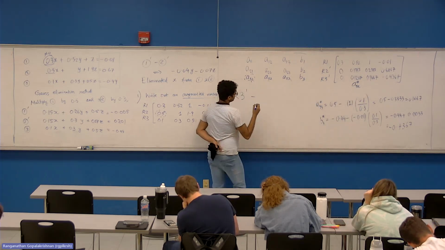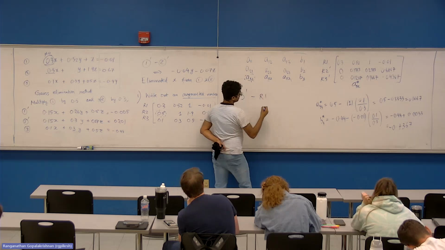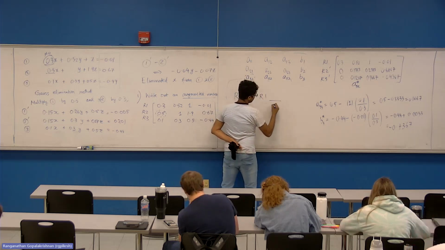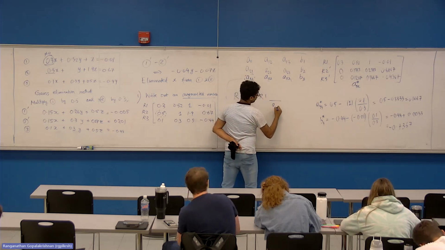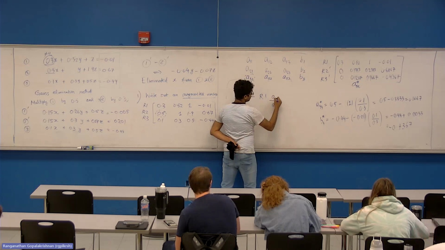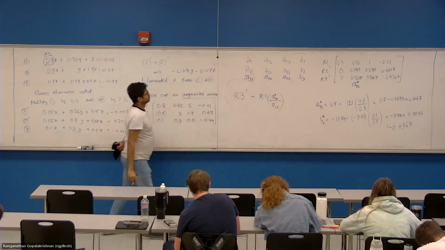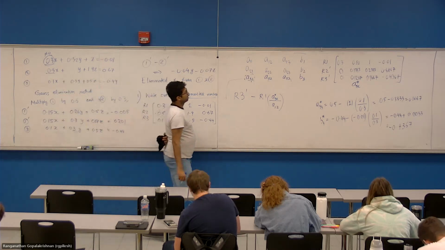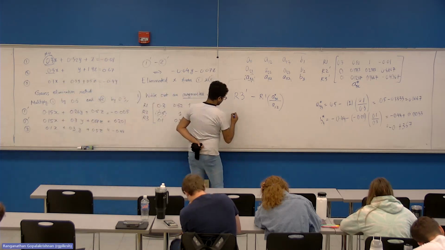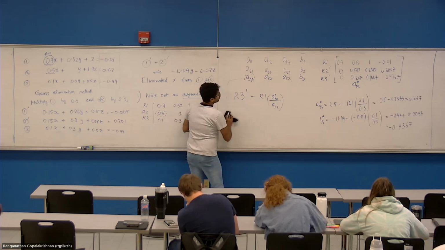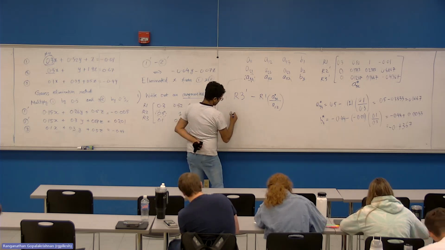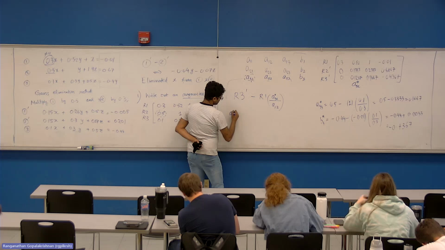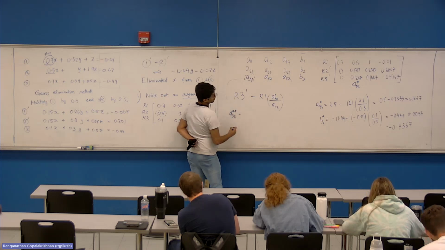So you need to take R2 and divide by A22 and multiply it by A32 star. If I want to compute A32 star star, that is two modifications.